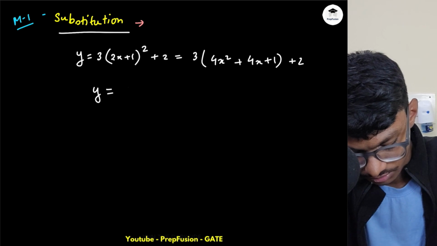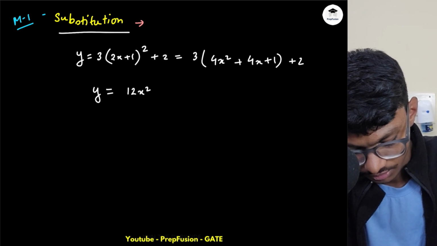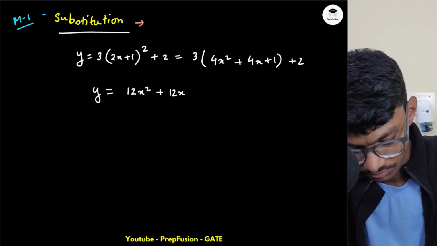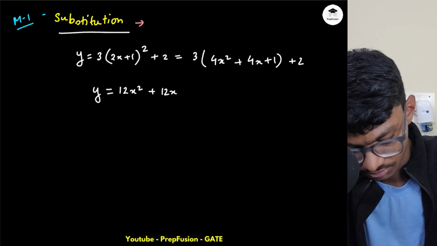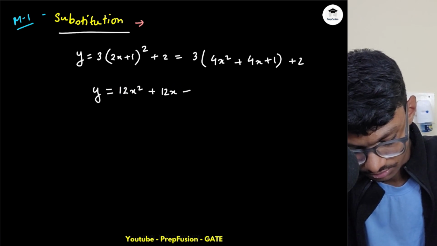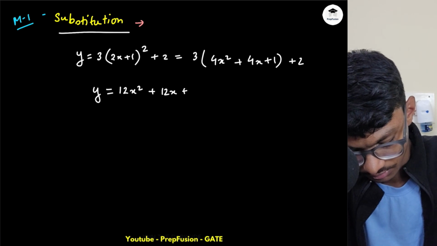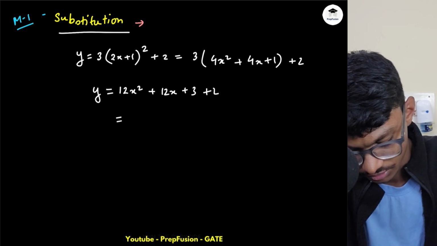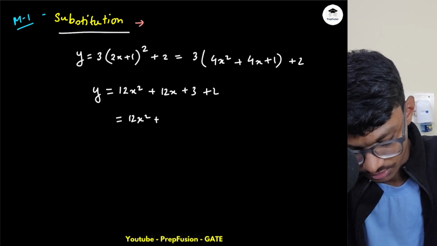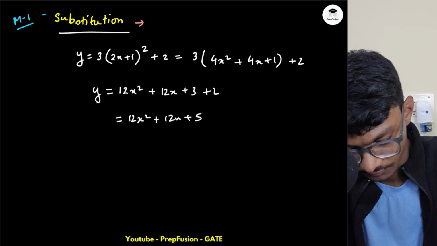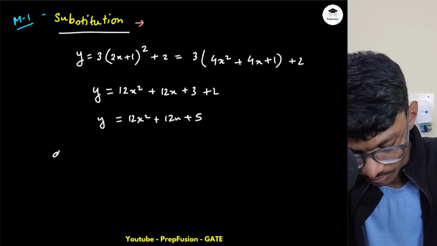So y equals 12x square plus 12x plus 3 plus 2, which equals 12x square plus 12x plus 5. So what is my dy upon dx?